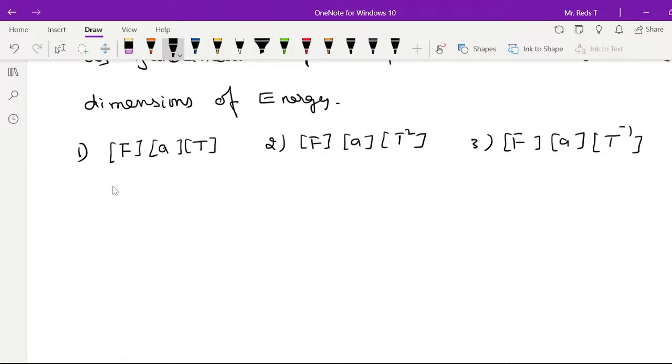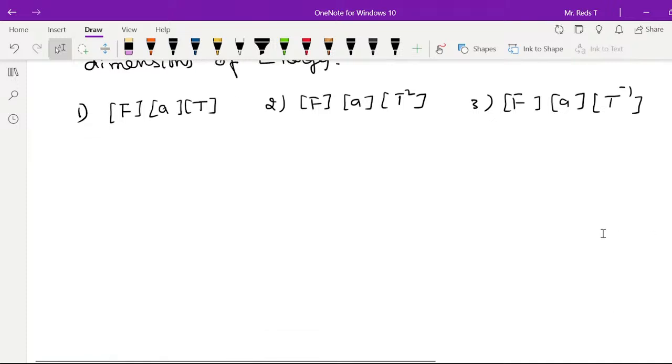So we are asked to find dimensions of energy. So in these kind of cases, how to do? You have to remember the process, practice it. Then similar kind of questions I've asked even in JEE as well, so you can understand easily.